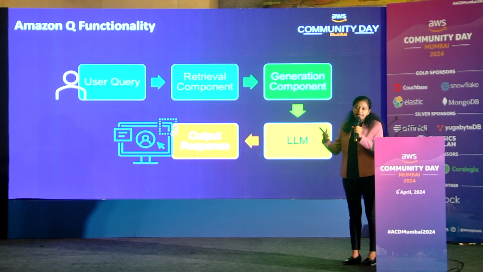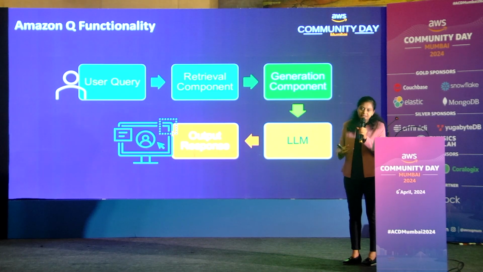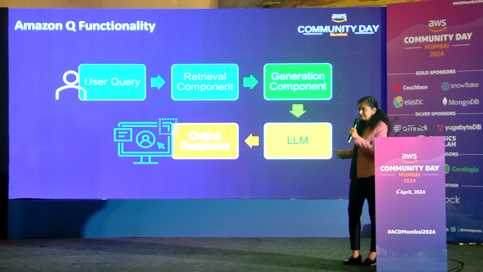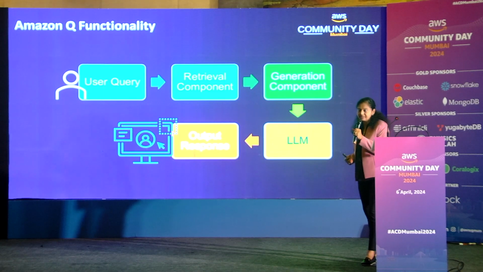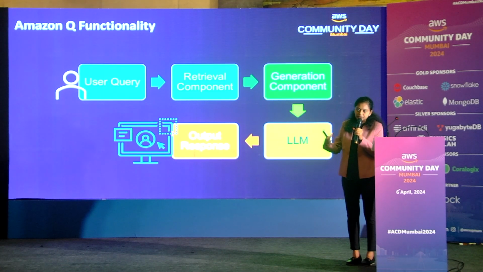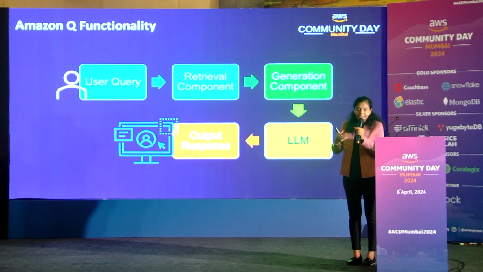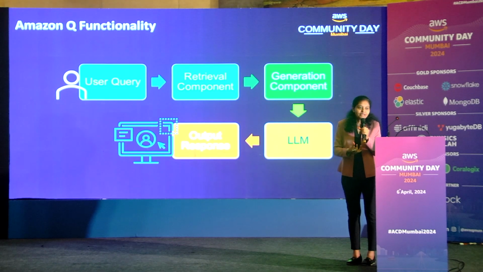It could be a PDF file, CSV file, you name it, anything, right? There are several data sources from which this information can be picked up. Relevant documents for the search string are picked from the data set and passed on to the generation component. This generation component is an LLM, which gathers the relevant information and prepares the response in natural language. That curated natural language content is what is given to the end user.